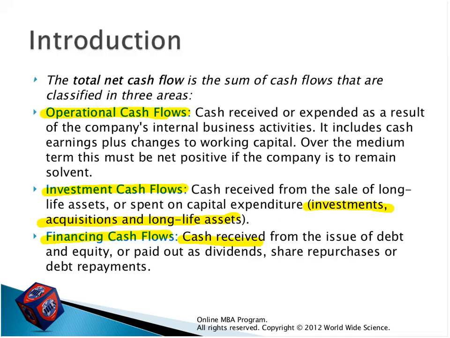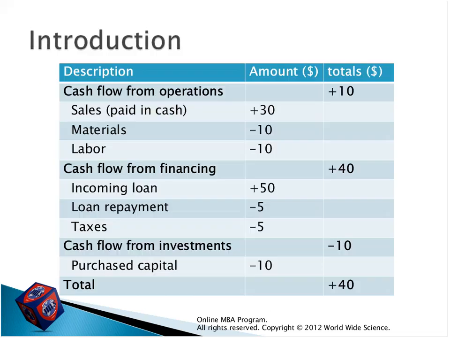So right now, I want to show you an example that would be easy to understand what I'm talking about: what the operation cash flows are, and what comes in from investment and financial. So here is simple example number one.